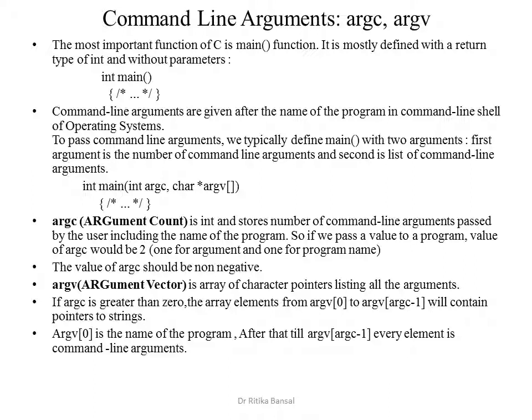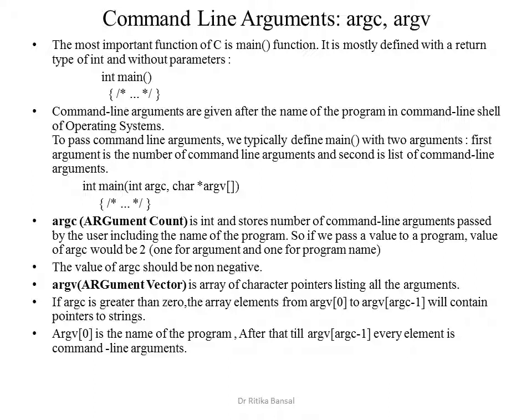Suppose the program name is program 1. I execute, with the dollar sign on the command line, program 1, enter. It means I am just supplying the program name to run that program. If I supply program 1 A space A, it means I am supplying one argument to program 1.